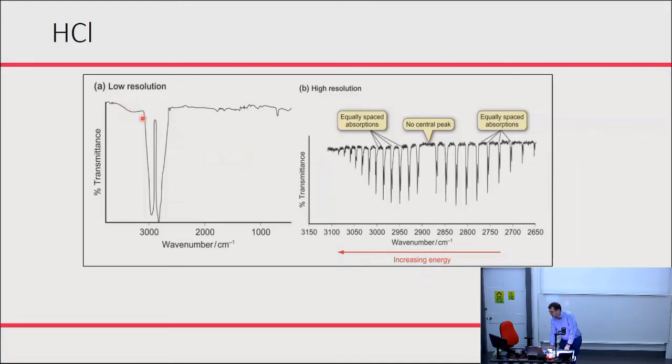So here we see we get these broad, featureless bands about 3000, but actually if we were to use a very high resolution instrument and zoom in about 3000, we see that this first peak here is actually this set of peaks, and this second peak here is actually this set of peaks. So we actually see there's a lot of what we call fine structure in that.